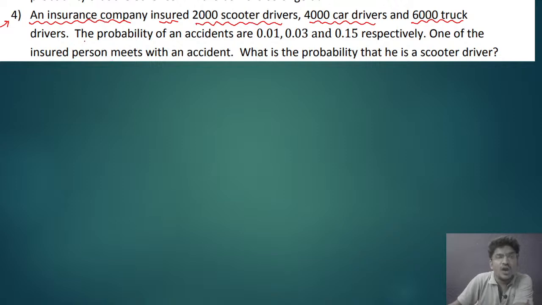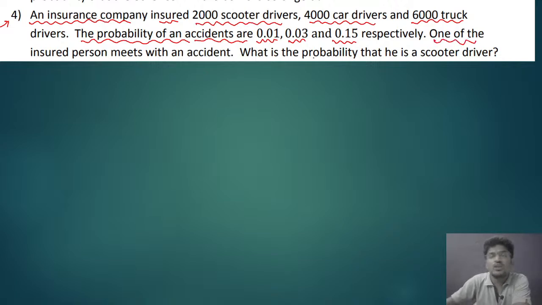Now the probabilities of accidents are already given: 0.01, 0.03, 0.15. That means probability of an accident for the scooters is 0.01, for the car drivers 0.03, for the truck drivers 0.15.